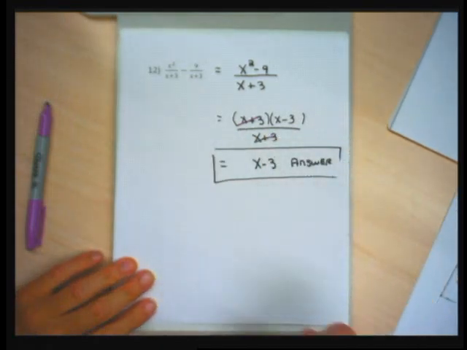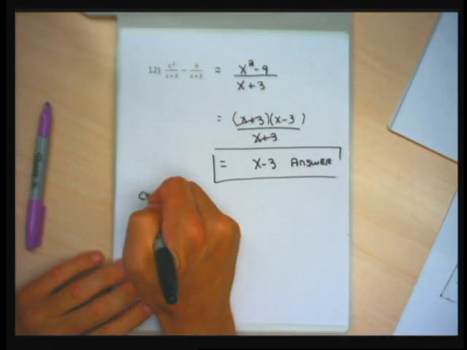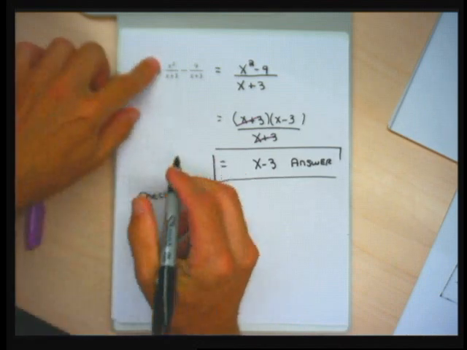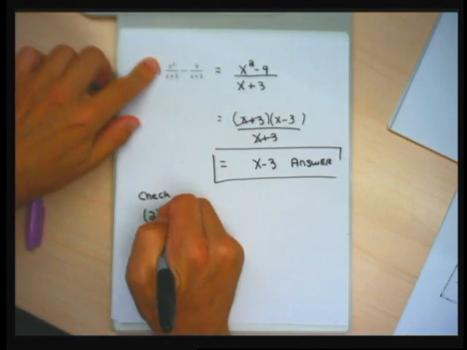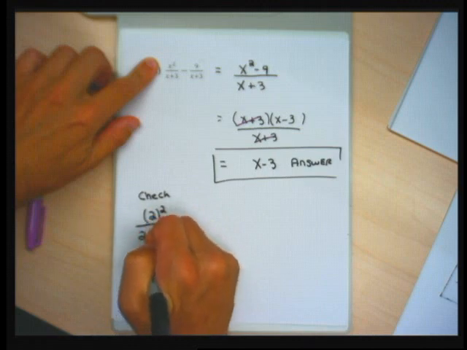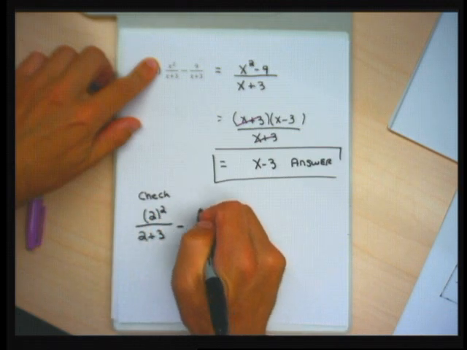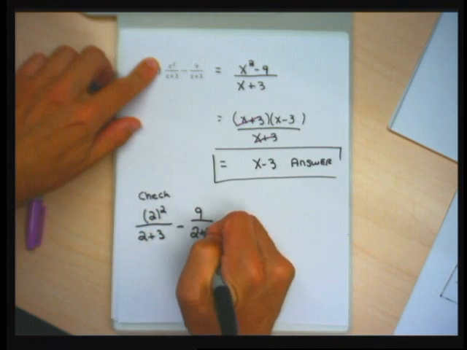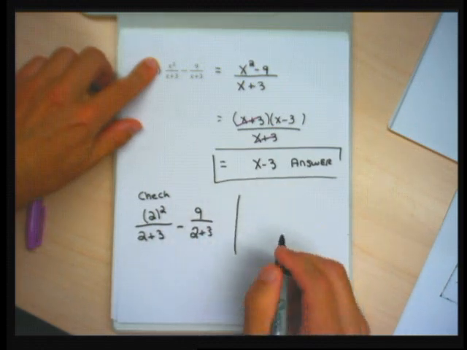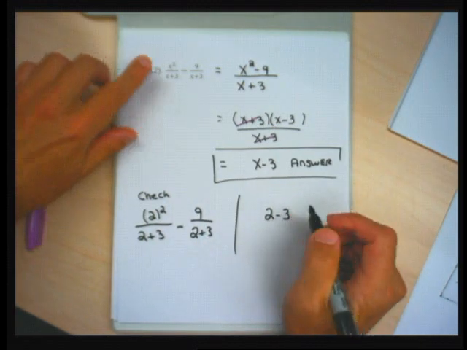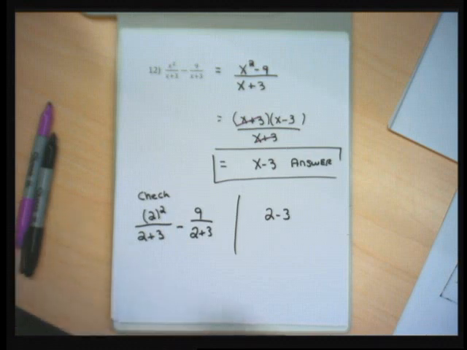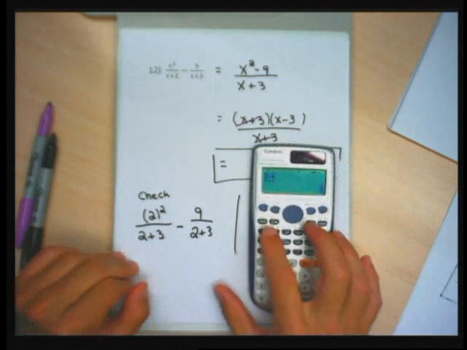Again, I'll try checking with 2. So for checking, I'm going to plug 2 into the original problem. I'm going to go 2 squared over 2 plus 3 minus 9 over 2 plus 3. And then I'm also going to plug 2 into my answer. I'm going to go 2 minus 3. Hopefully I get the same numbers. If I get the same numbers, I believe my answer is correct.